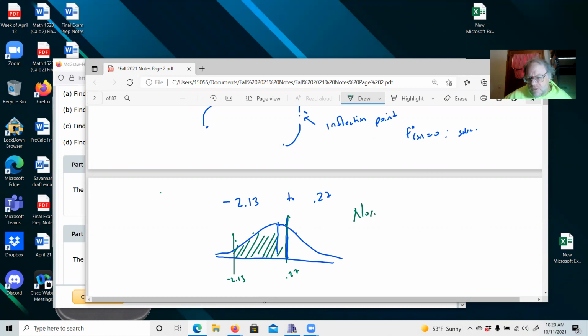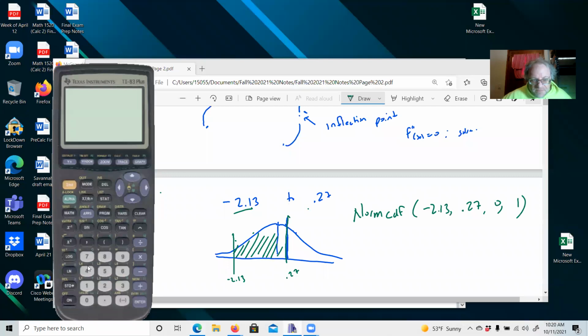But CDF comes to the rescue. Our low number, -2.13. Our high number, 0.27. Standard normal, 0, 1. Okay, there's our good spot. So if we want distributions, CDF, so we have -2.13, comma, 0.27, comma, 0, comma, 1.